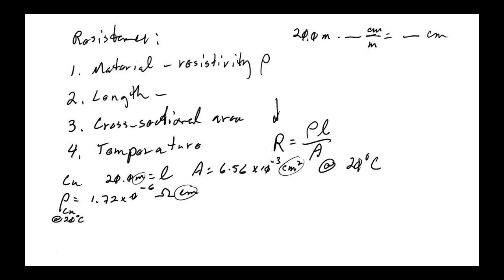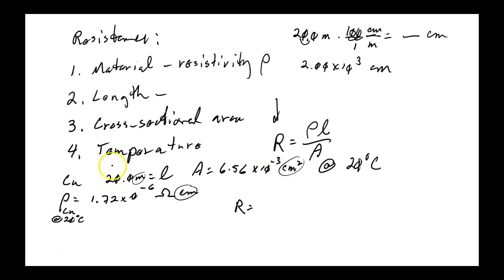How many centimeters in a meter or how many meters in a centimeter? 100 centimeters is 1 meter. You got it. So when you multiply 100 times 20, and write in scientific notation, that's 2.00 times 10 to the third centimeters. Now we can use our resistance formula.